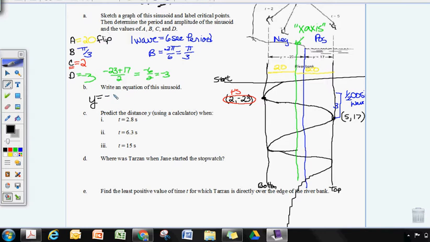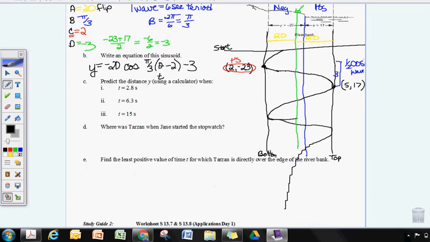So it's going to be -20 cosine of pi over 3, theta subtract 2, and then minus 3. And again, remember the theta is the same as small lowercase t in this case. So if you want to put in t, that's okay.